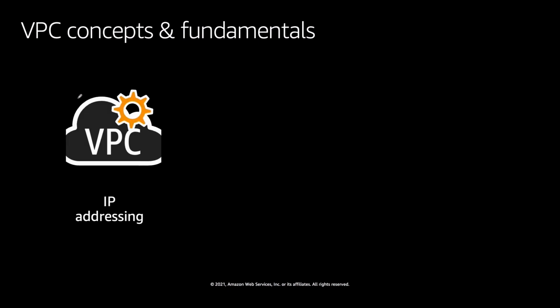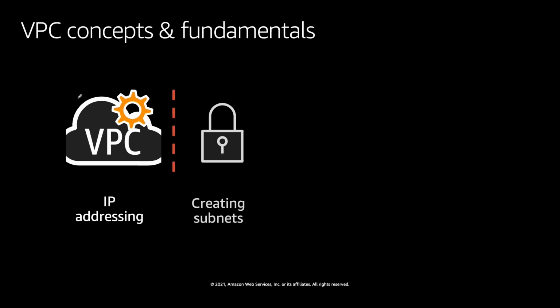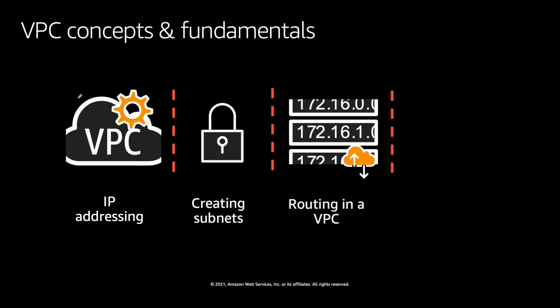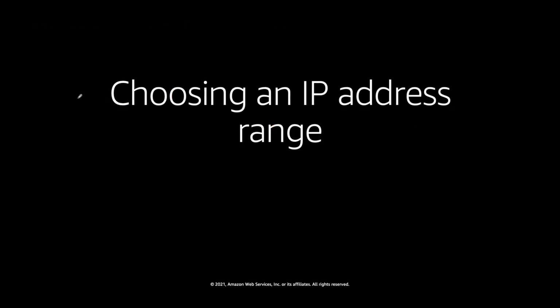We will start off with the IP addressing, that is how the address looks like, and how we create subnets, and this is the most important thing, how we route data packet within the VPC. And not only that, we will also look into how data goes from your VPC to the outside world, right? And finally, we will talk about security. So let's start with IP.